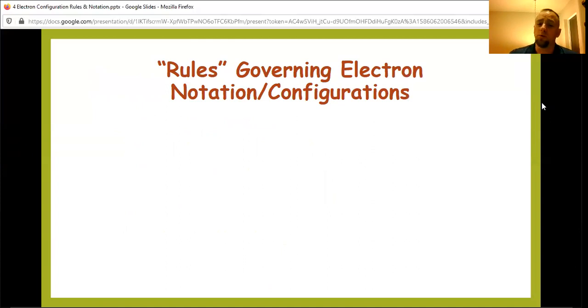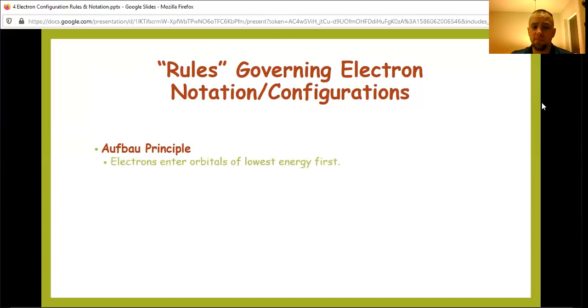So there's a few rules when we are filling those orbitals with the arrows or the electrons. We can't just put the arrows and electrons wherever we would like to put them. There's rules regarding where we can actually put those. So the first rule we're going to look at is called the Aufbau principle. The Aufbau principle says that electrons fill the orbitals of the lowest energy first.